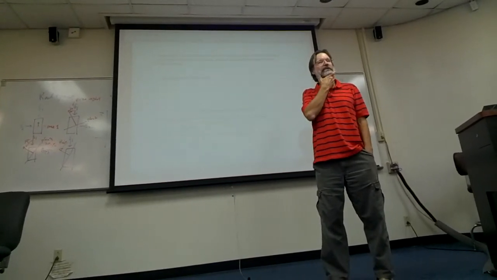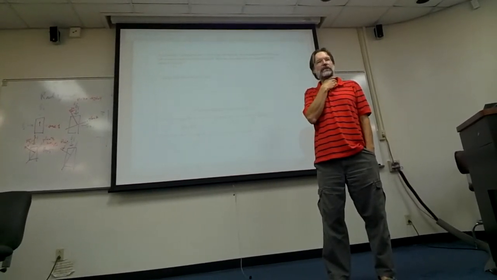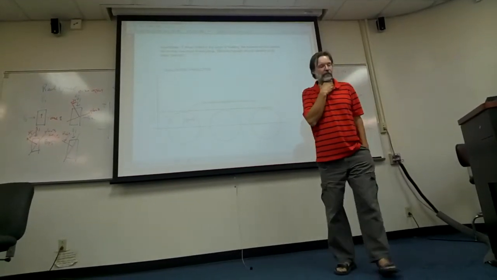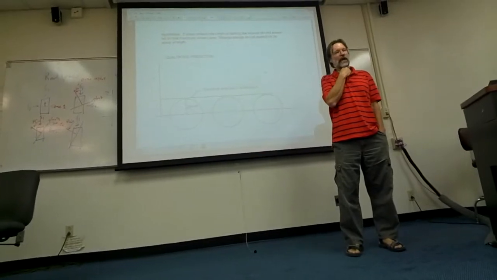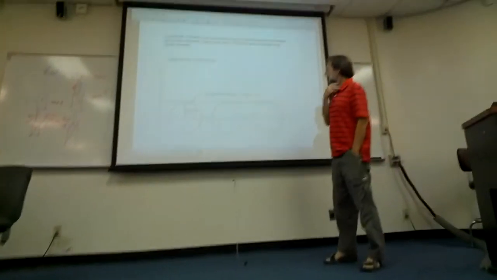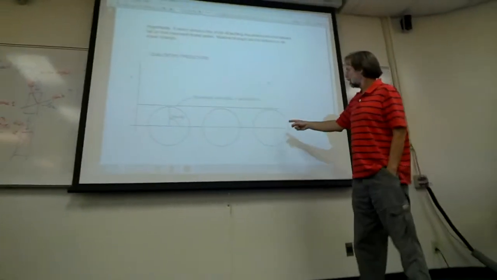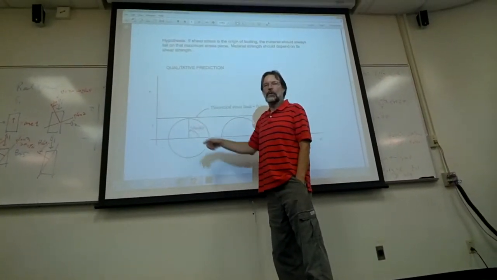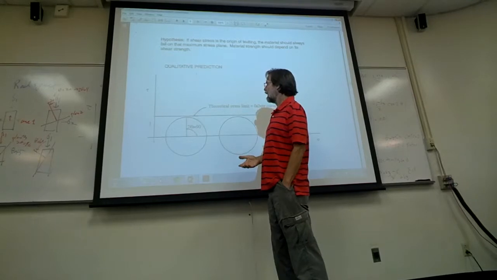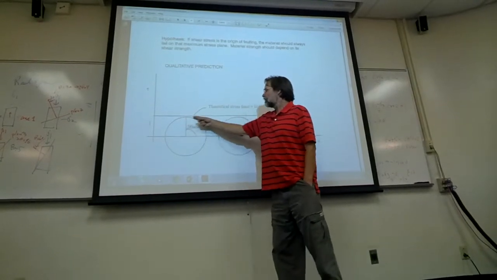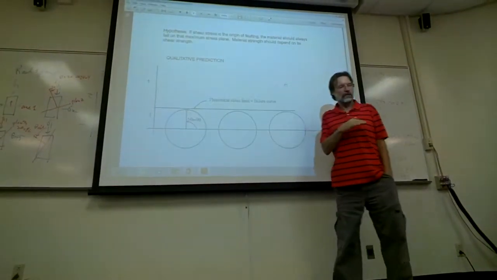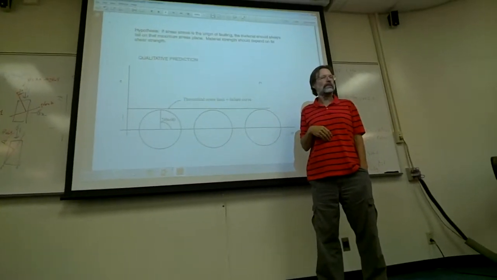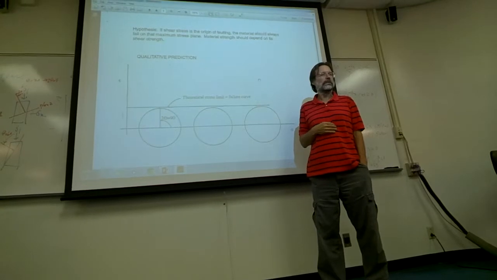If shear stress is what causes deformation, then if you were going to make a series of rock deformation experiments, you would guess on a Mohr diagram that the shear stress maxima are here. So you would predict that material should fail at some theoretical limit, which is its shear strength, right? That would make perfect sense.